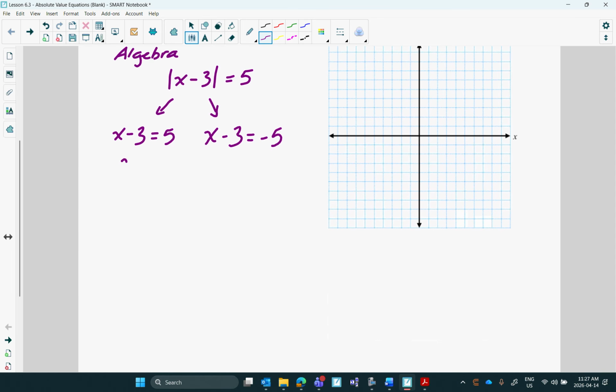So here, add 3 to both sides, x is 8. Here, add 3 to both sides, x is -2. So there's two possible solutions. Like radical equations, we have to check these. Because sometimes when you take out the absolute value bars, you'll get a solution that's not actually a solution.